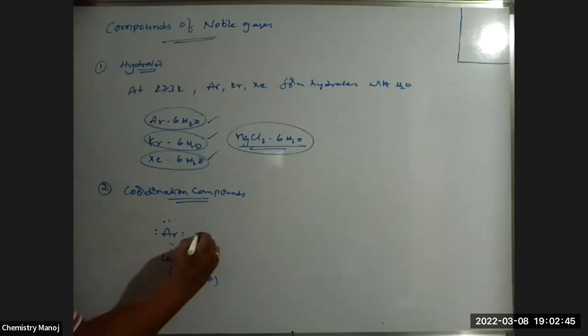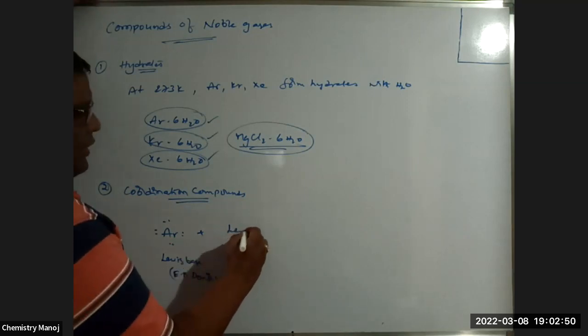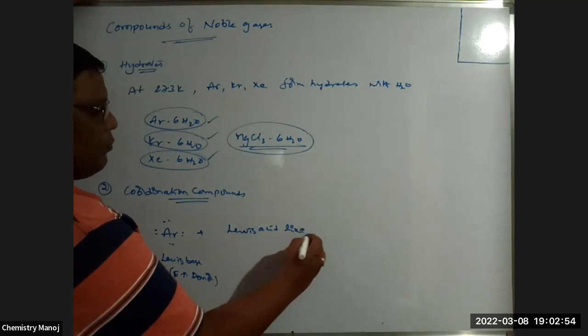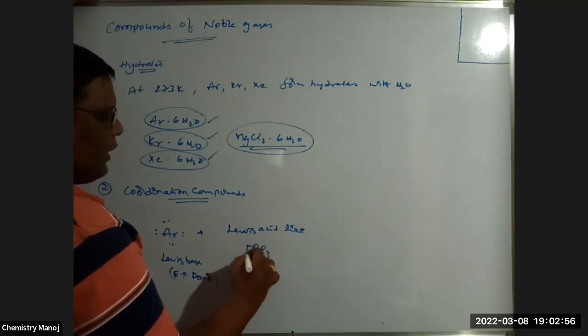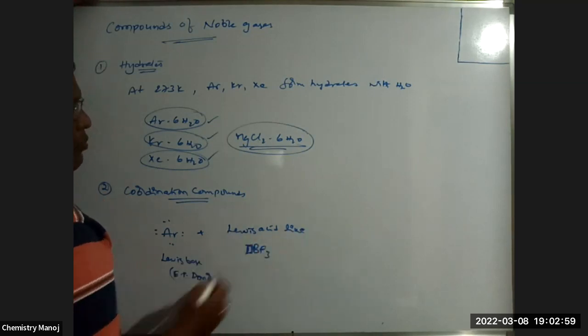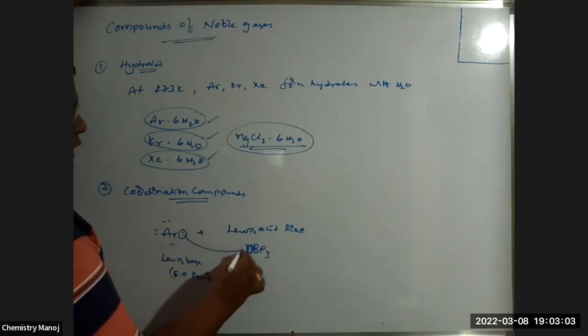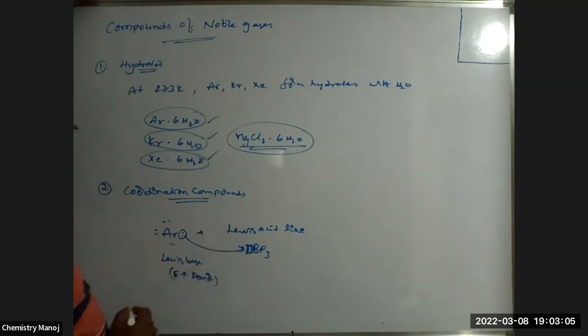A Lewis acid is an electron-deficient species like BF3, boron trifluoride, which has an empty orbital. The lone pair is donated to it, giving complex compounds.